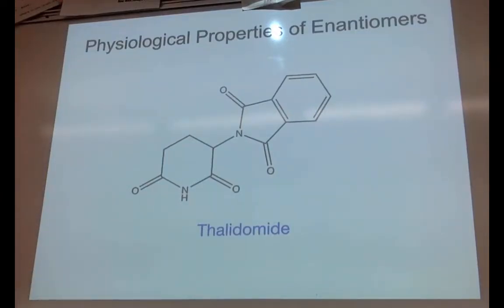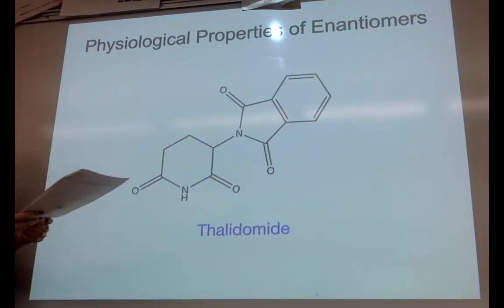So there was an example of this, we did the article a while ago, on thalidomide, where there was the R and the S enantiomer. The R enantiomer is a sedative, to help calm you, whatever you want to use a sedative for.